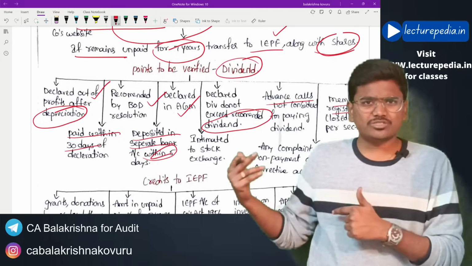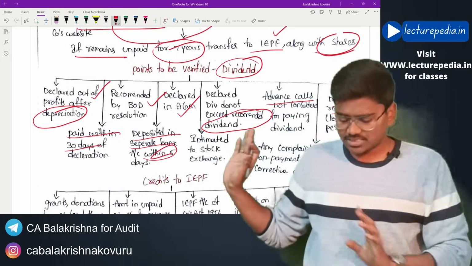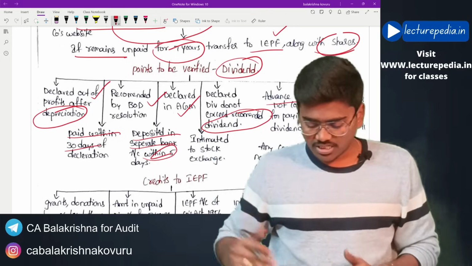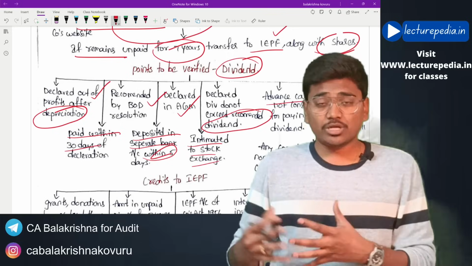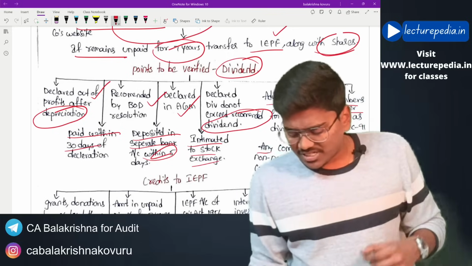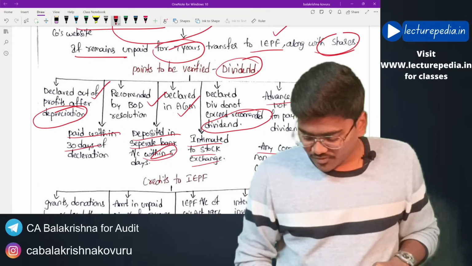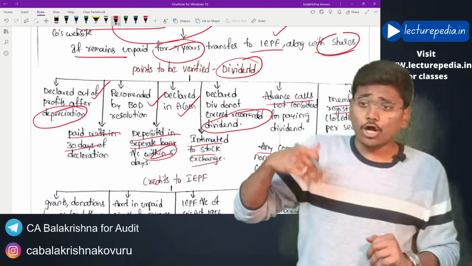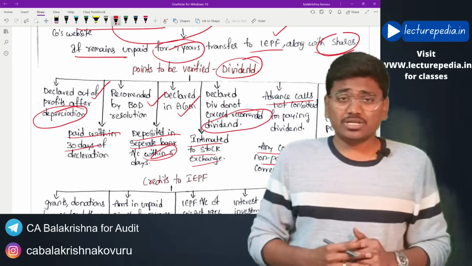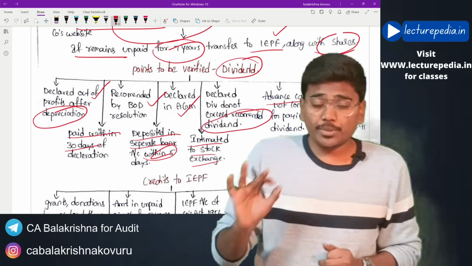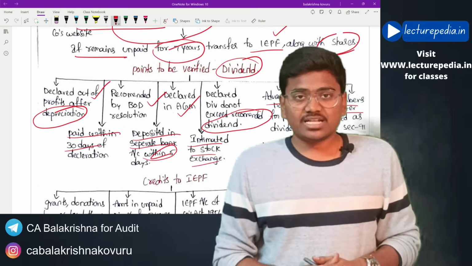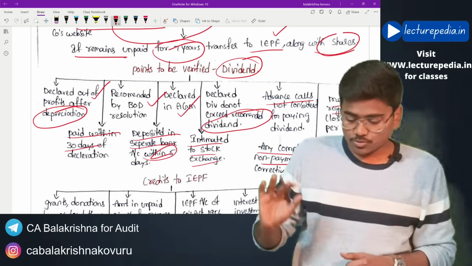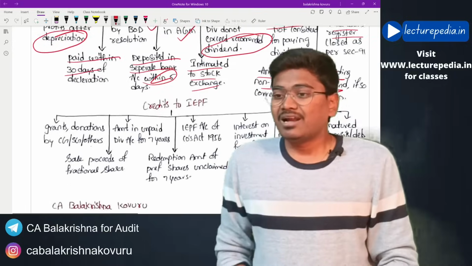All these points which we have discussed till now have to be verified by the auditor while conducting the audit of a dividend, and it has to be intimated to the stock exchange that we have declared the dividend. And if there is any complaint regarding non-payment of dividend, the auditor has to see whether any complaints have been received from the shareholders regarding non-payment of dividend. If complaints are received, whether corrective action has been taken against those complaints or not. This has to be verified by the auditor.